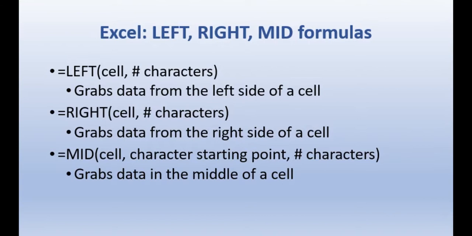If it's a year, like 2013-01-01, and you just wanted to grab the year, you obviously put 4, 2013. So equal left, Shift 9, the cell you want, comma, the number of characters you want, Shift 0 to close it, enter, copy it down.